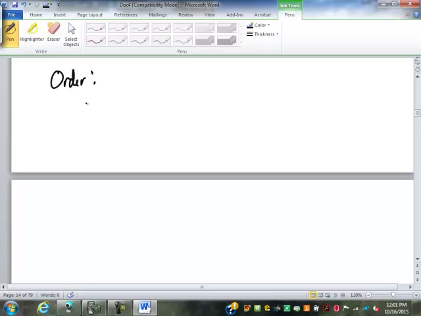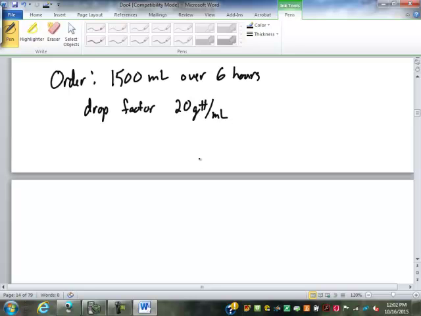Let's say we have an order for 1,500 milliliters to be administered over 6 hours for a medication with a drop factor of 20 drops per milliliter. Find drops per minute.